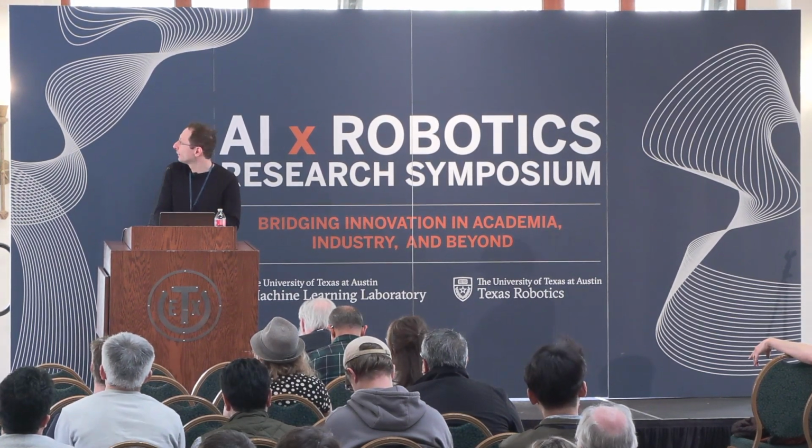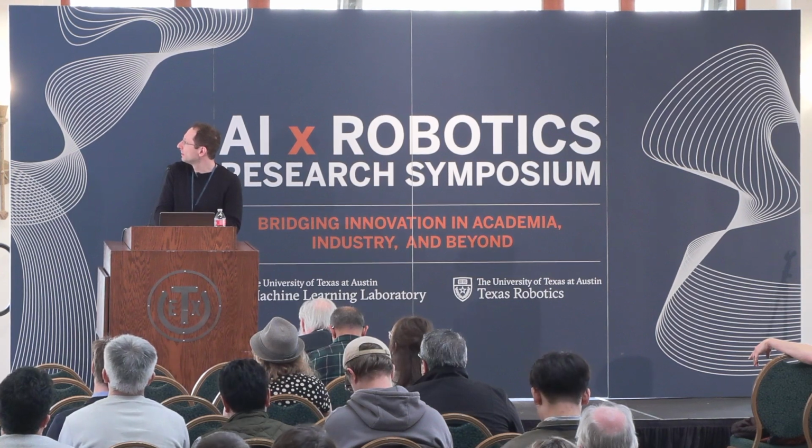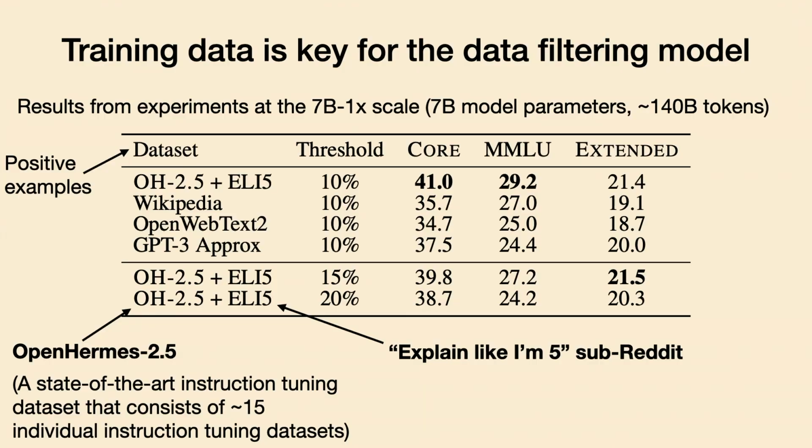At least if you look at what people did before, people were like, oh, high-quality data should look like Wikipedia. So they were using Wikipedia as positive examples, and doing this filtering with Wikipedia as positive examples works much worse than using this OpenHermes plus ELI5 combination.